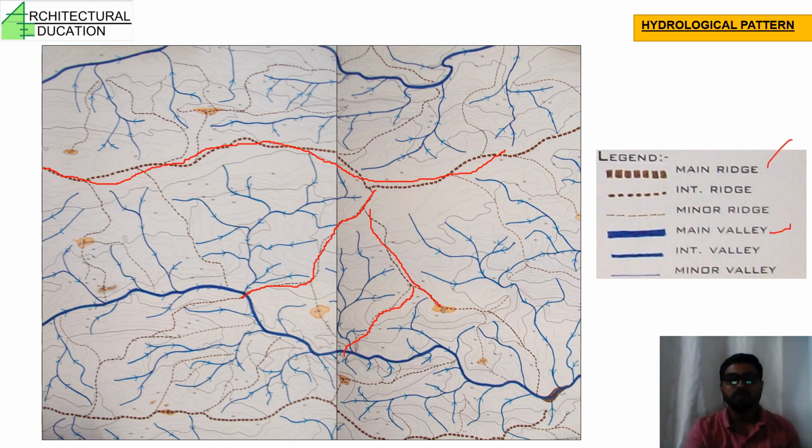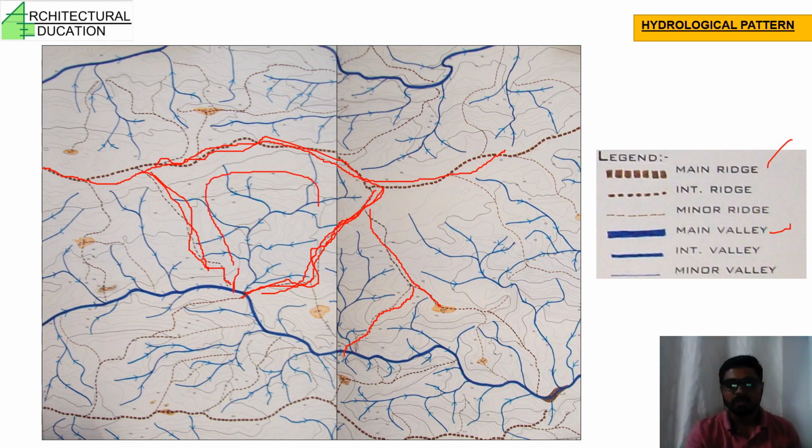But if you have so many complications, you can try to find out the main valley, intermediate valley and the minor valley. It depends upon you, because the more detail you do, the more points you will have which will be helpful for you. For suppose if this is one of the ridge and valley, so in that case you find that there is a ridge over here, there is a ridge over here, and these are all valleys.